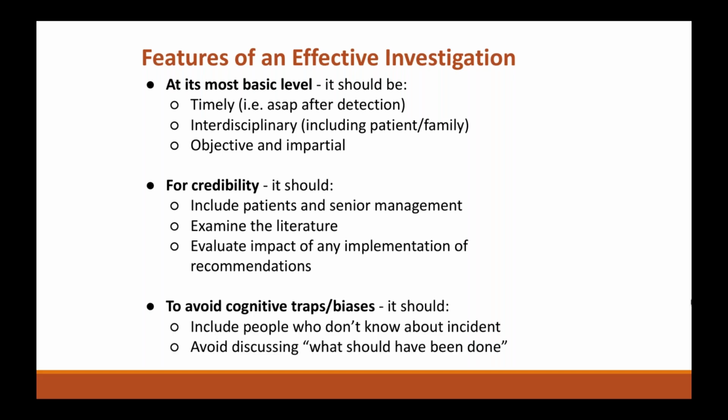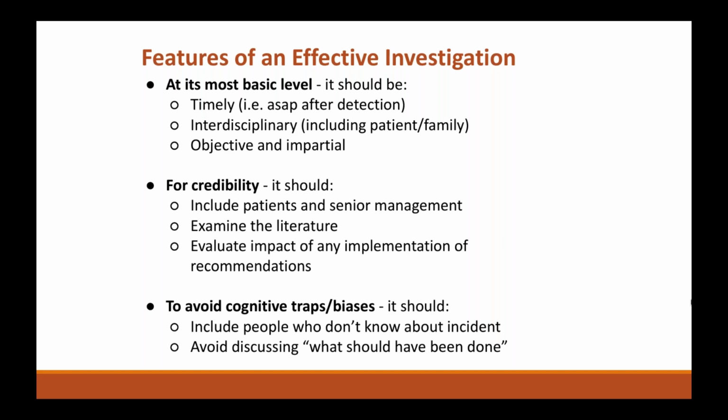And an investigation should avoid cognitive traps and biases. So it should include people who don't know about the incident as well as those who do, because the people who don't know about it are not already biased to think in some way about it. They can think clearly about it. It should also avoid discussing what should have been done, because we know what should have been done.